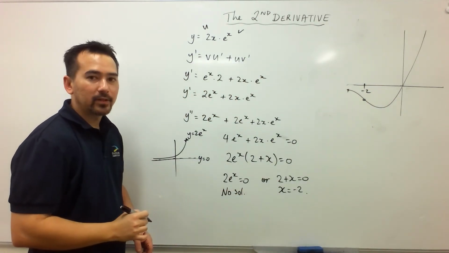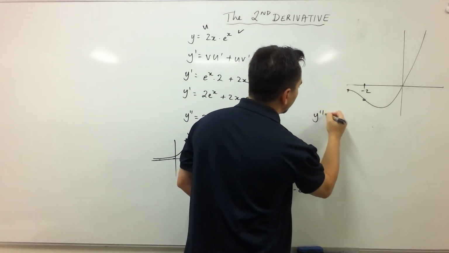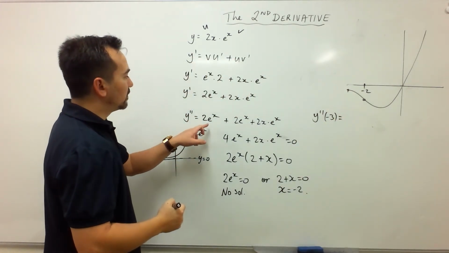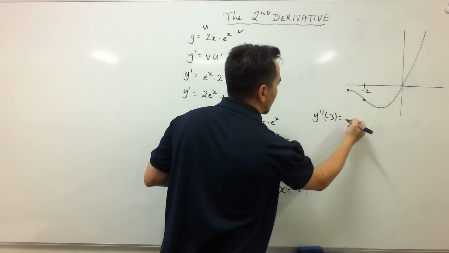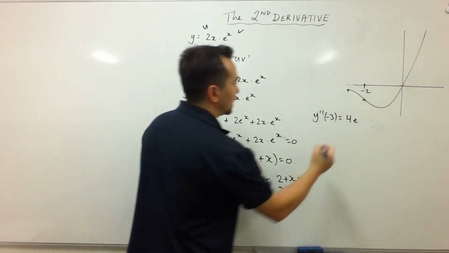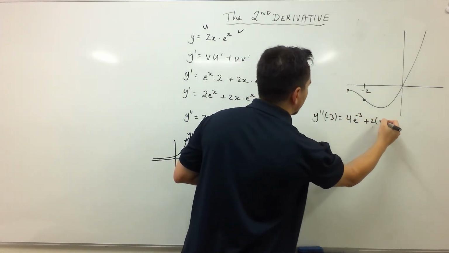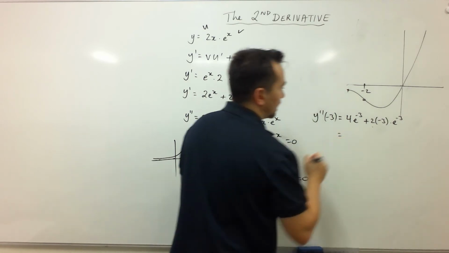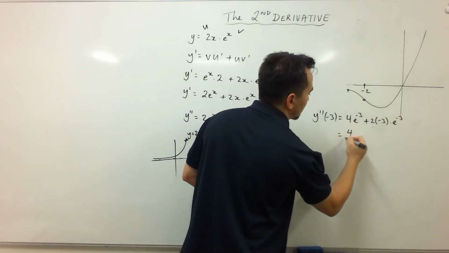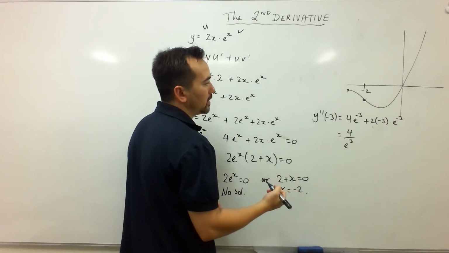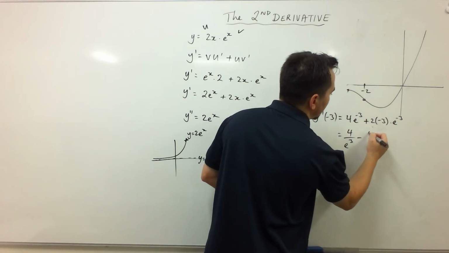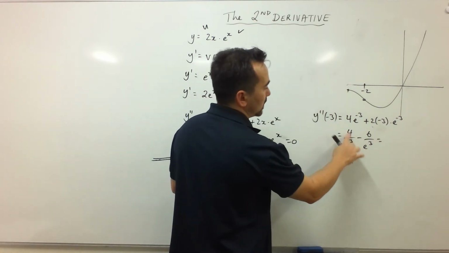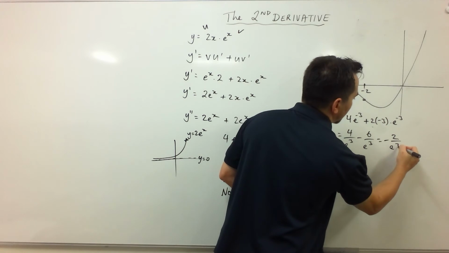Right. Now let's have a look at the concavity. Choose a value to the left of -2, like -3, and we're expecting the second derivative to come out to be negative. 4e to the -3 plus 2 times -3 times e to the -3 simplifies to be 4 over e to the power 3, take away 6 over e to the power 3, and 4 take away 6 is negative 2e to the power negative 3.